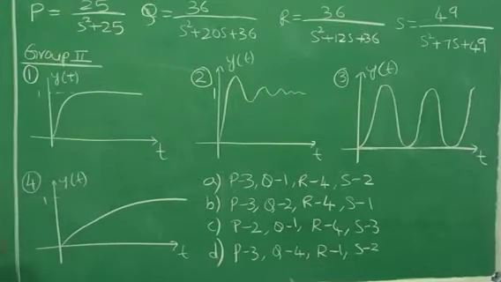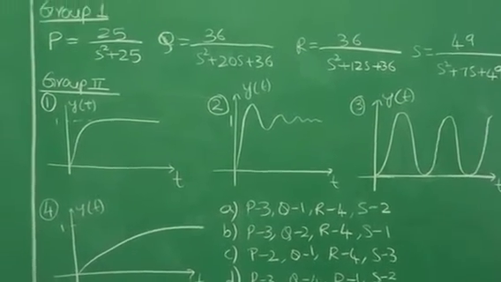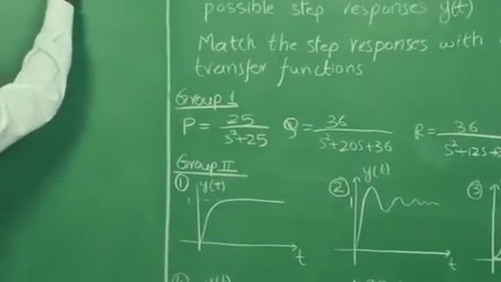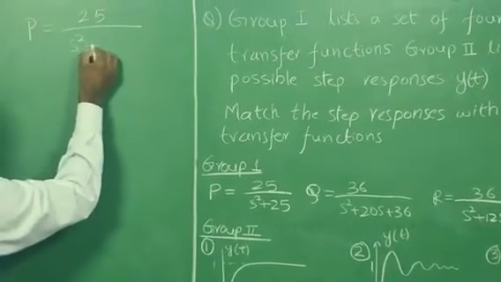Now, taking the first transfer function, P is equal to 25 divided by s square plus 25.